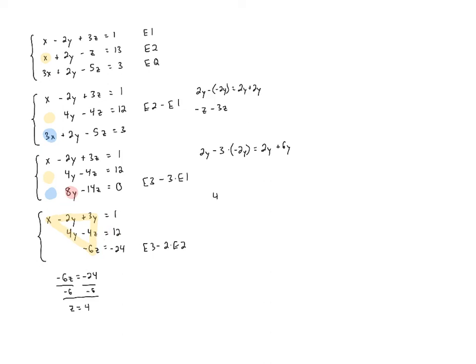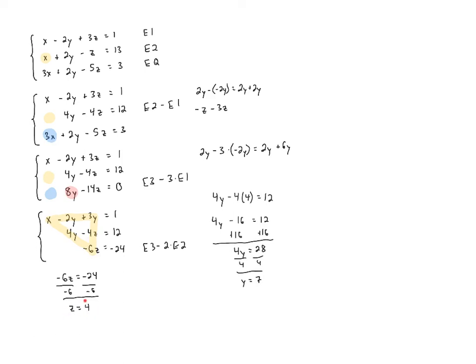So we have 4y minus 4 times z, which we've discovered is 4, equals 12. This becomes 4y minus 16 equals 12. If we add 16 to both sides, this gives us 4y equals 28. And if we divide both sides by 4, we get y equals 7.